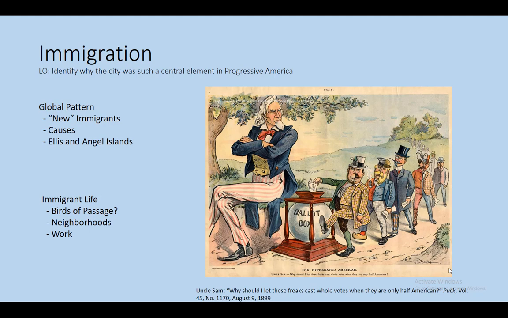So there's a lot of causes for why immigration is increasing, not just to the United States, but globally during this time period. Industrial expansion and the decline of traditional agriculture is going to set this in motion. And there's lots of things happening between 1840 and 1914 that explain this. There's kind of widespread poverty throughout the world, partly because of that industrial expansion.